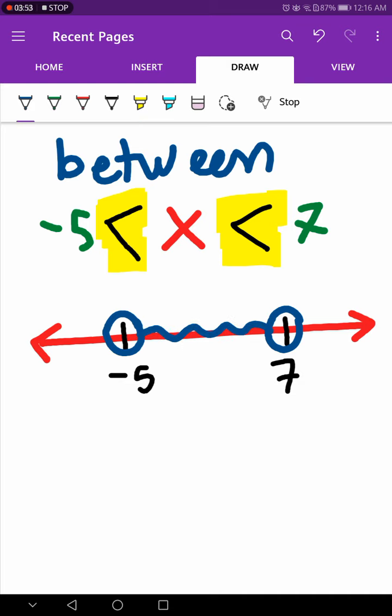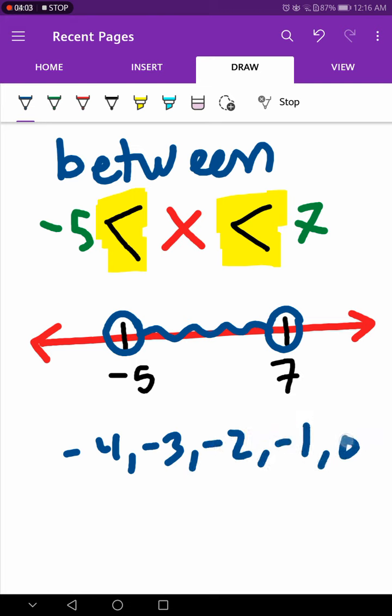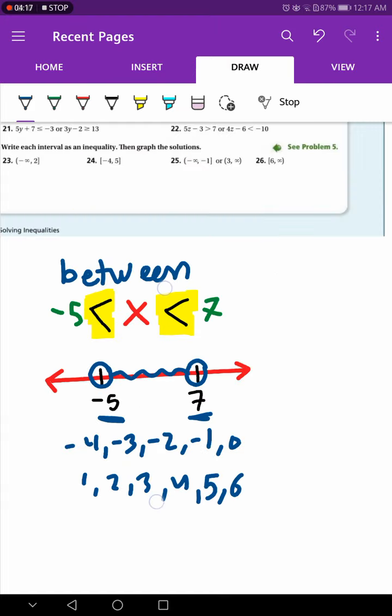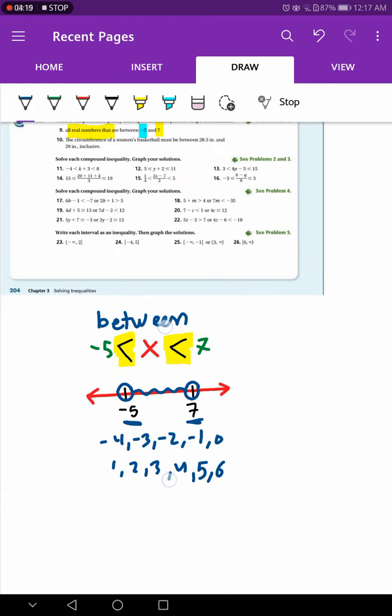What are the numbers located between -5 and 7? It is -4, -3, -2, -1, 0, 1, 2, 3, 4, 5, 6, but not 7, not -5. So this is question number 9.